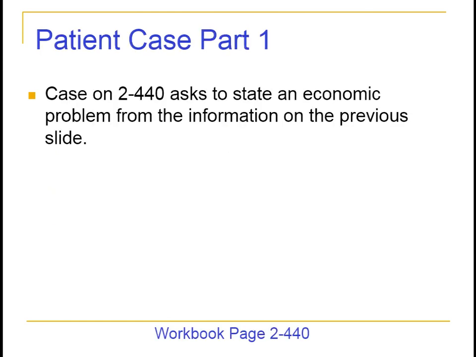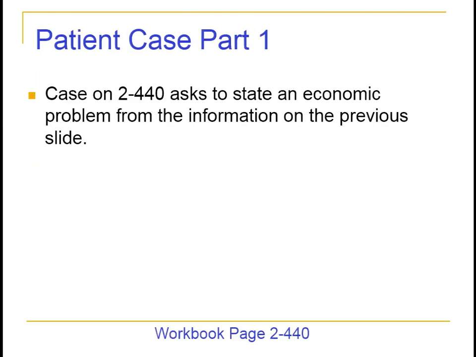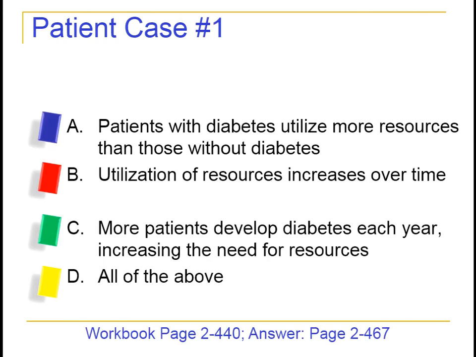So in our patient case, part 1, you're asked to state an economic problem based on the information on the previous slide on diabetes. So what is true about diabetes?